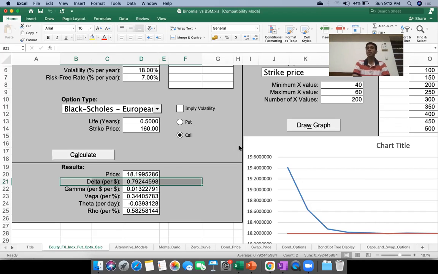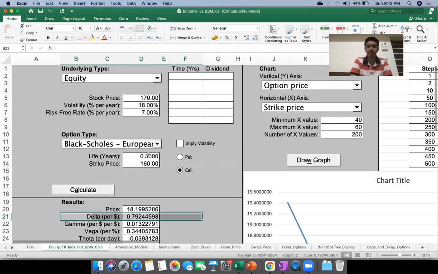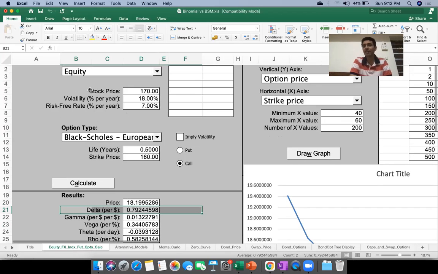Let's say we have a stock price of 170. If the stock price goes up from 170 to 171, which means the share price increases by $1, the call option premium will approximately go up from 18.2 to 18.99, because the current call price is 18.2 and it will go up by 0.79.